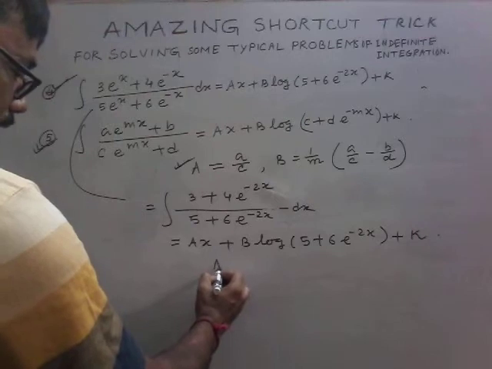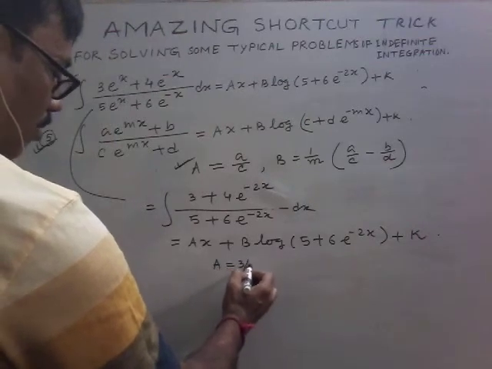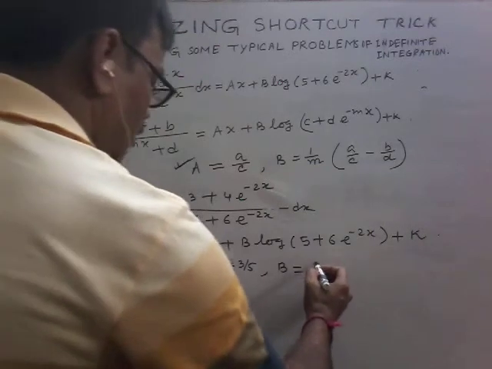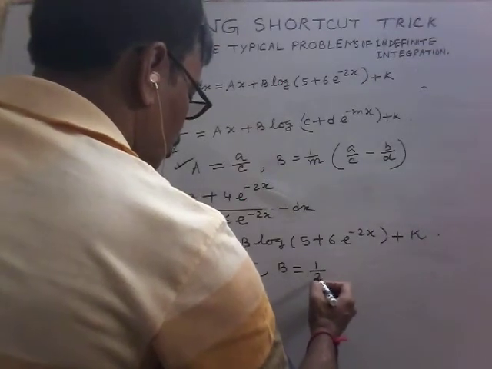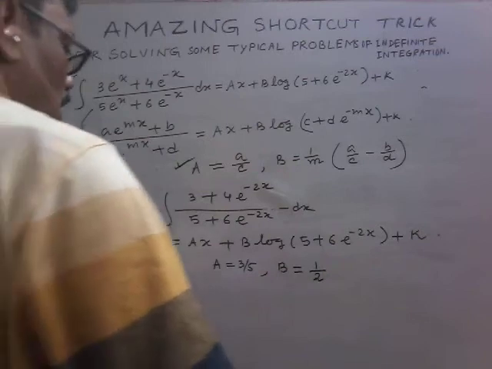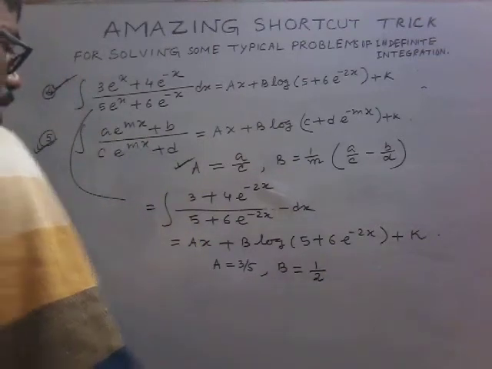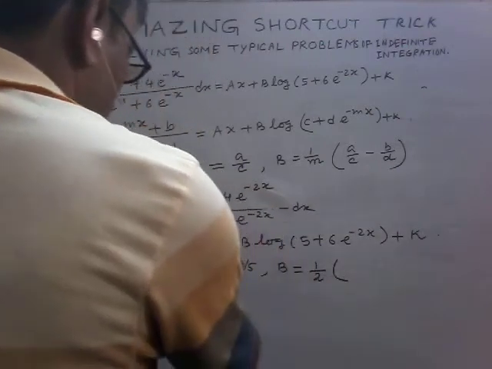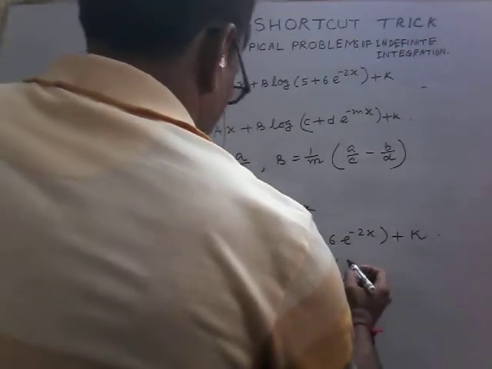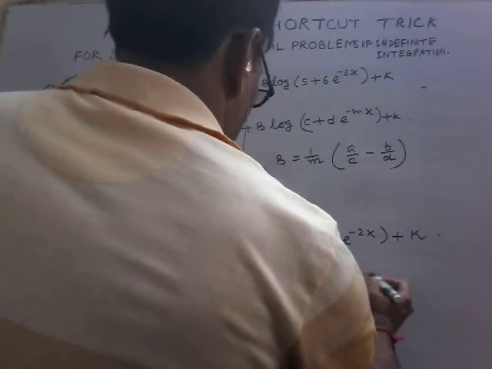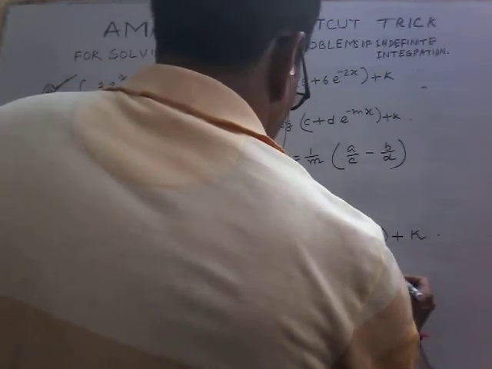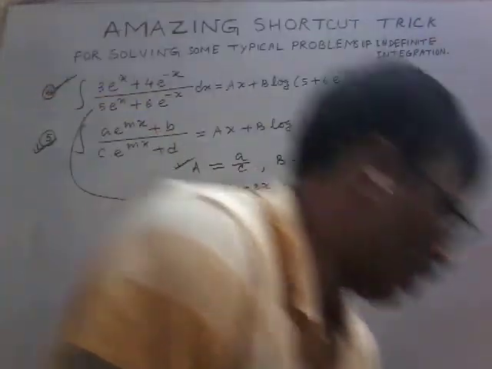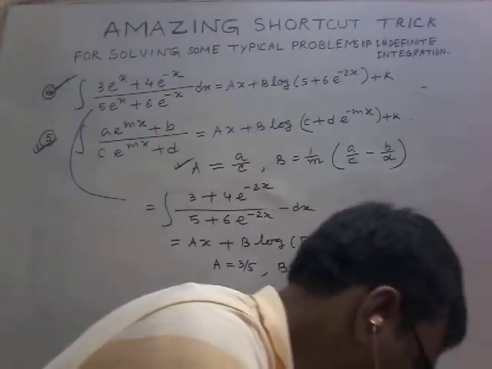Now what is A? A is 3 by 5. And what is B? 1 by m, so 1 by 2, times (3 by 5 minus 4 by 6).